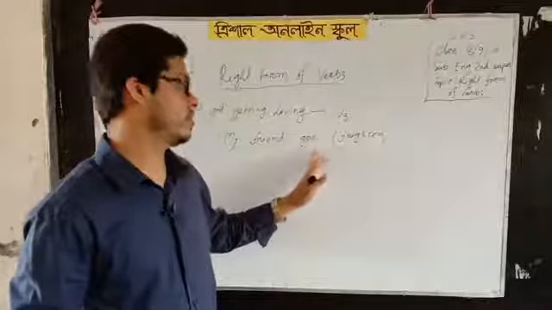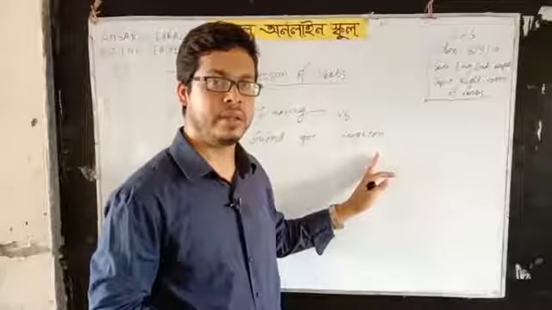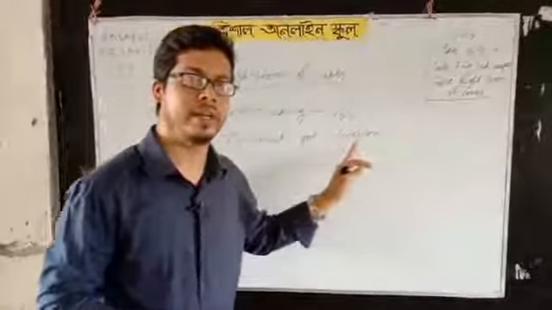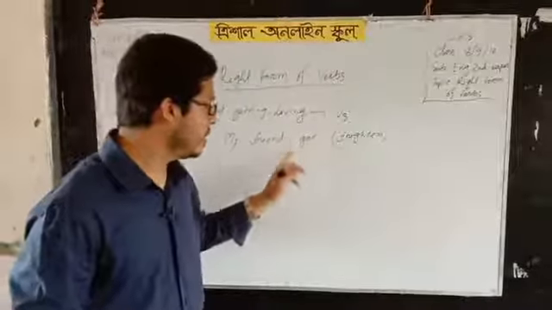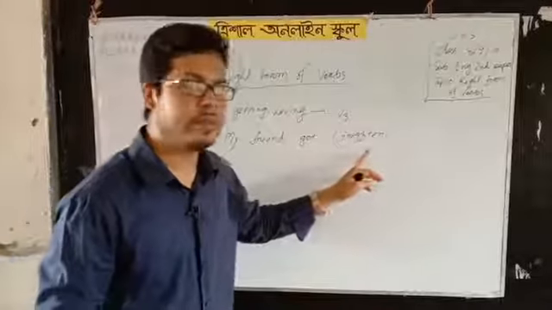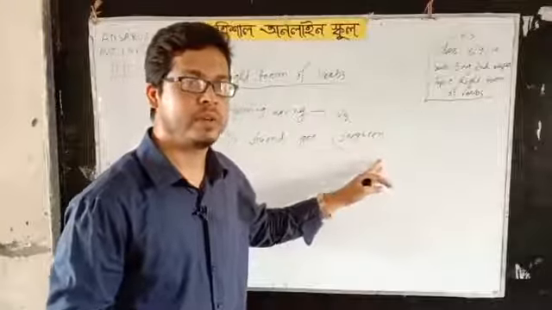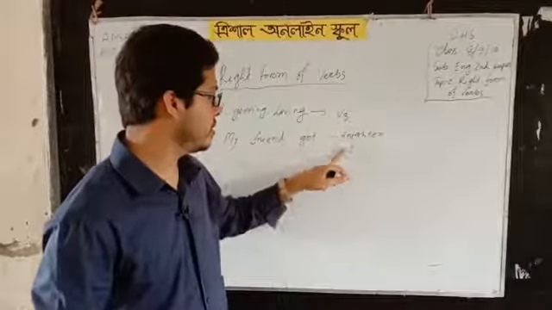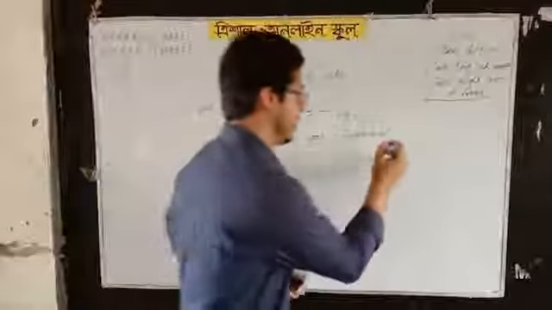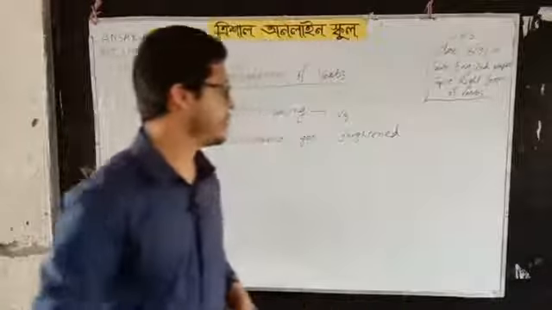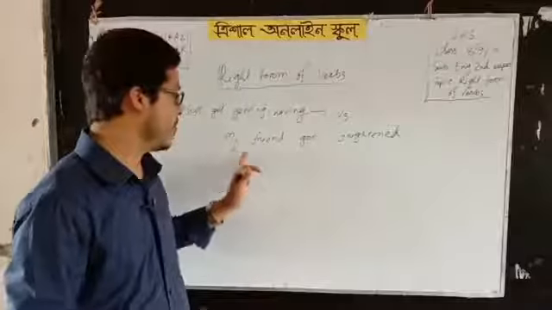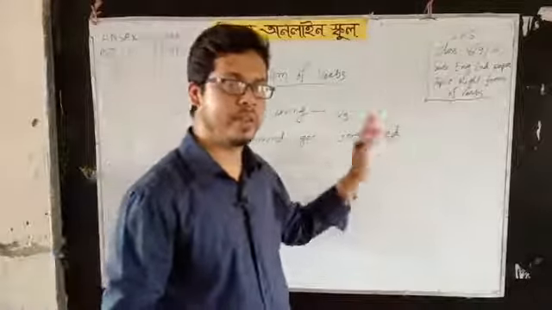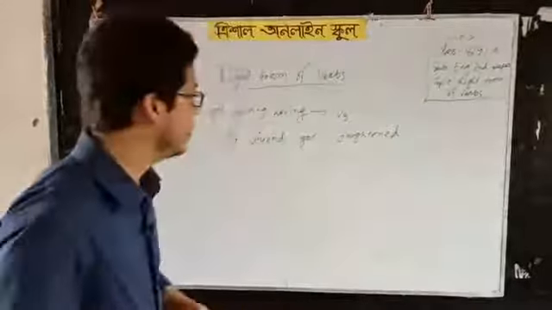My friend got, there is a gap, and in this gap the frightened verb will come and it will be used. So as there is the word got, you have to use the past participle of the verb. There is frightened, so what will be, my dear learners, can you guess? Frightened, ed. This is the past participle of the word frightened. So my friend got frightened. My friend got frightened. In this way you can solve the problems.